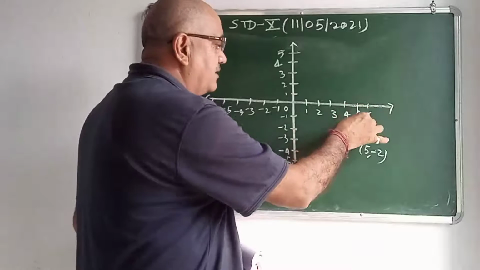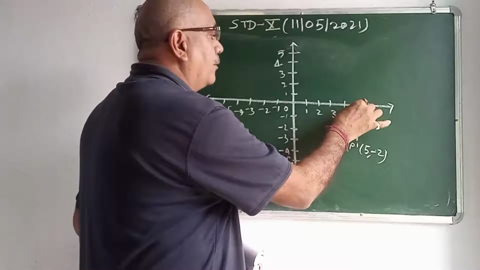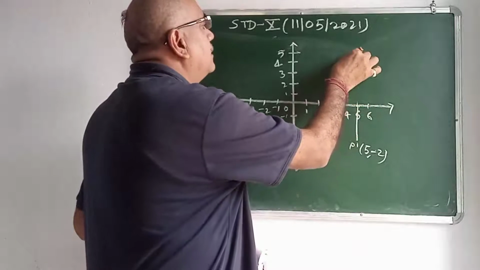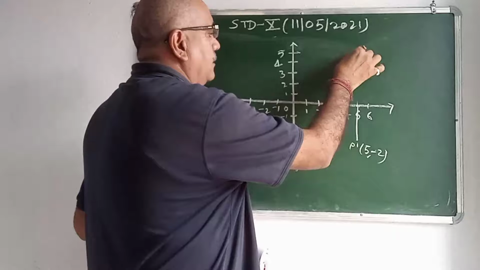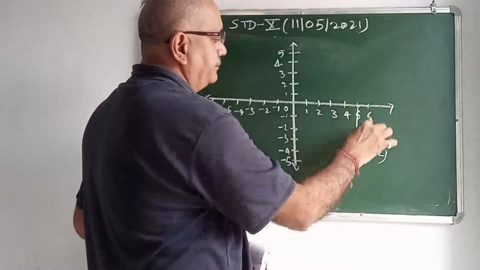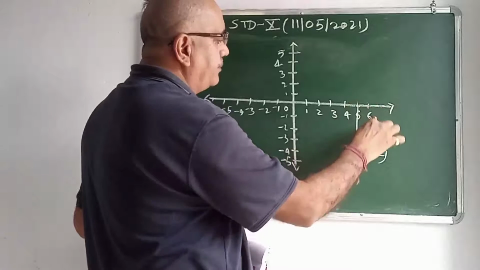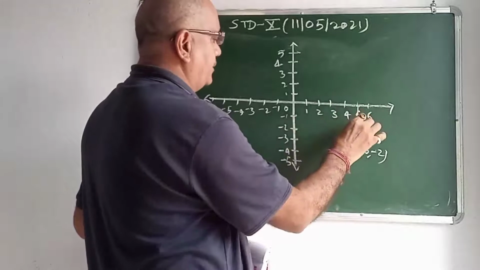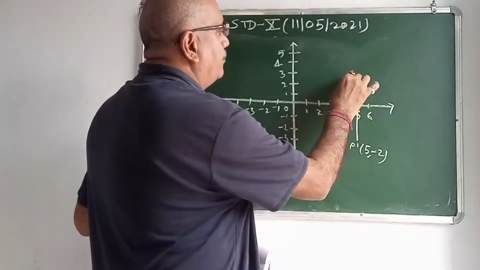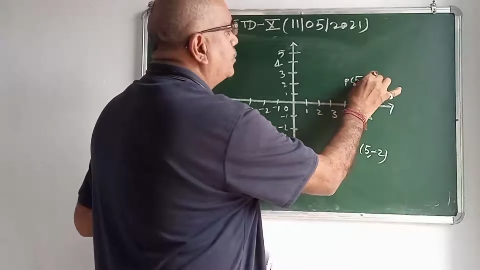So suppose this is the image, then the x-axis acts as a mirror. From here, 5, 2. The x-coordinate is 5 and 2. This is the point P (5, 2).